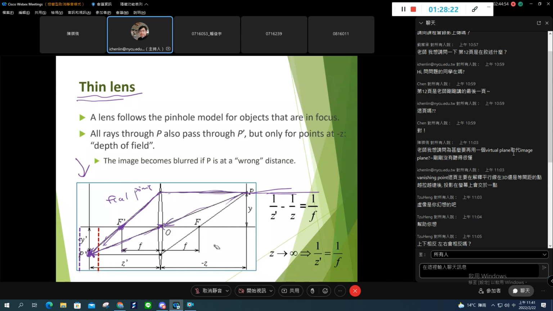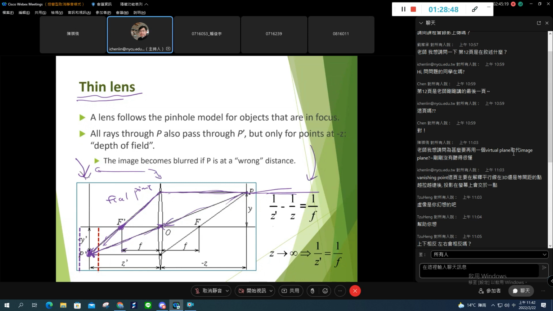When you adjust your focal length, we actually talk about a real camera. For instance, when you adjust your camera to do the focusing, which means you make your image clear, what we actually do is move either your lens or your plane, right?